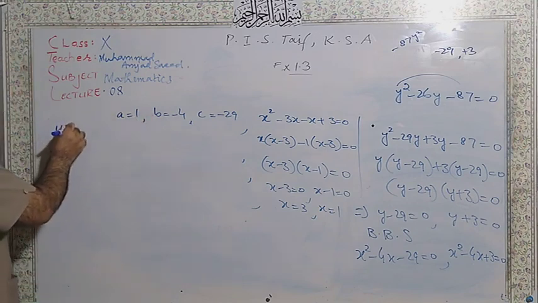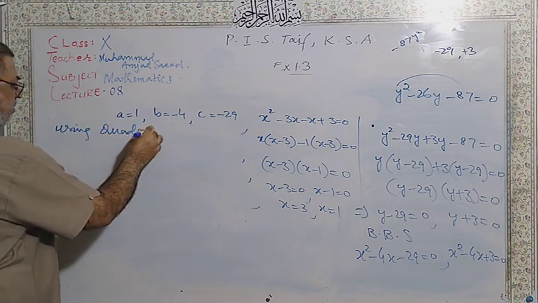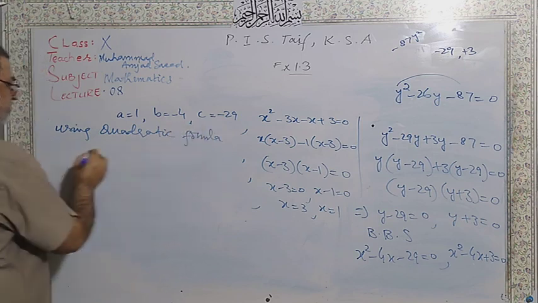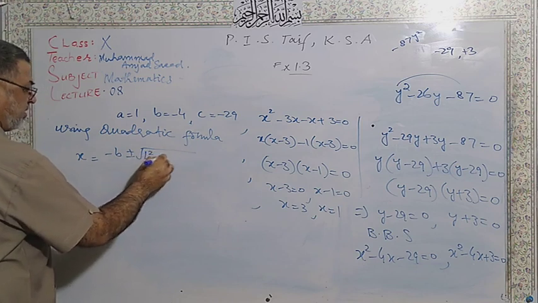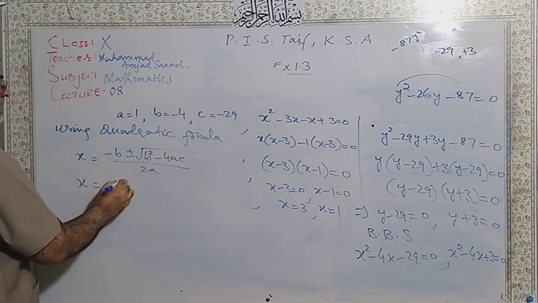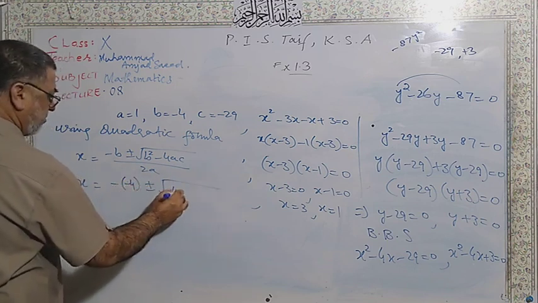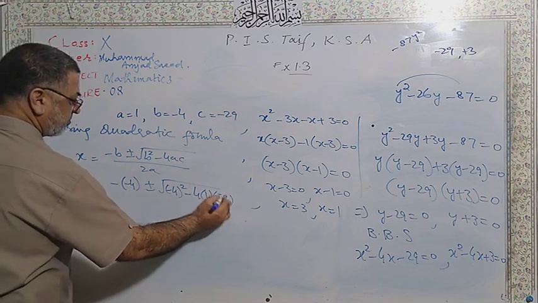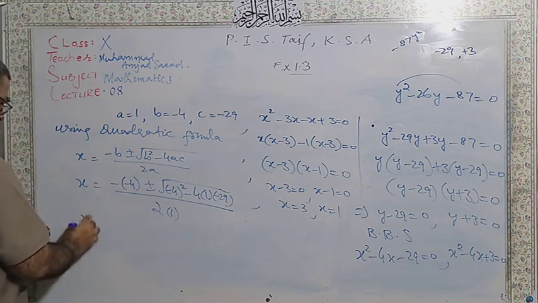Using quadratic formula, x is equal to minus b plus minus square root of b square minus 4ac over 2a. x is equal to minus into minus 4 plus minus square root of minus 4 square minus 4ac divided by 2a.